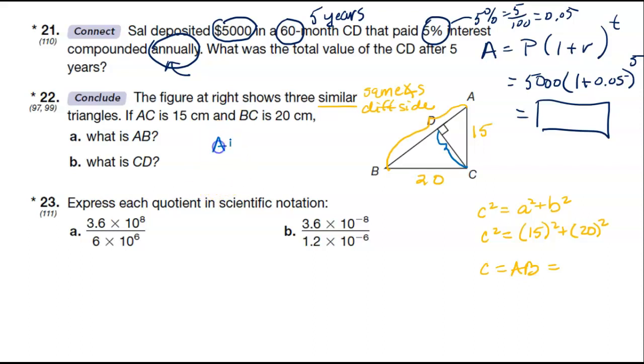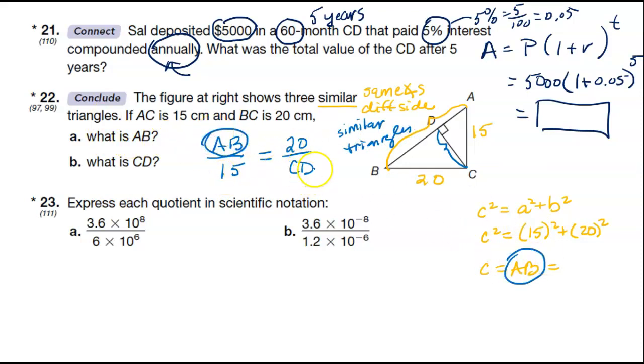So AB is to 15 as, let's see, 20 is to CD. So these are similar triangles. Once I find AB, I can plug that in here, and then I can cross multiply to find CD. Let me know if you get lost on that one.